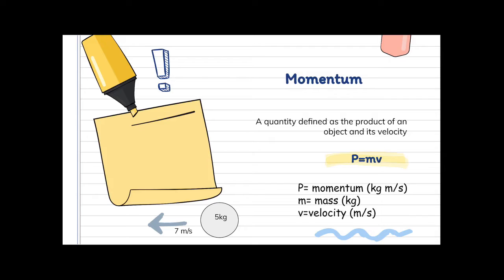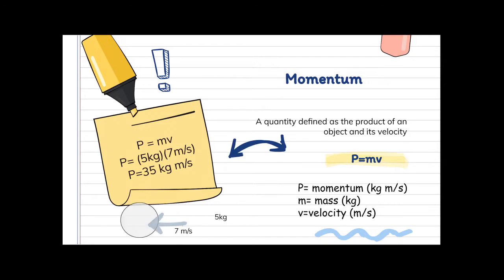If we plug and chug this into P equals m times v, we'll get P equals 5 kilograms times 7 meters per second. If we multiply this together, we'll get P equals 35 kg meters per second to the left. So basically, the ball will roll to the left at 35 kg meters per second.